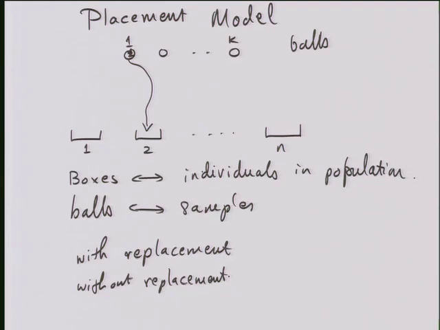Remember, in the case of the population, we were sampling from the population, and with replacement was like fishing. You fish, and then you're supposed to throw the fish back in, if you're being nice about it. Without replacement is when you're catching fish to eat. So what's the corresponding thing here in the placement model?